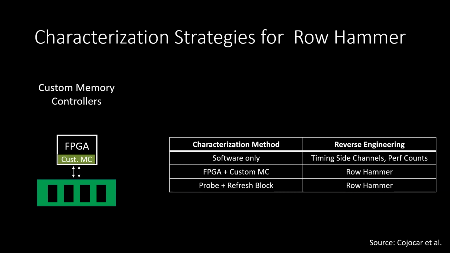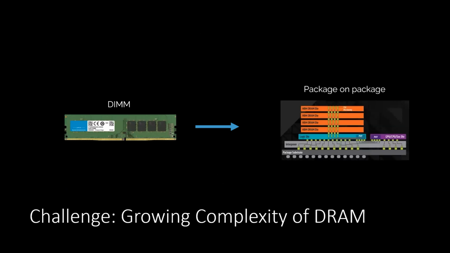But one of the challenges with DRAM is its growing complexity, right? So one of the biggest challenges now is how do we do these characterization studies with stacked memories?